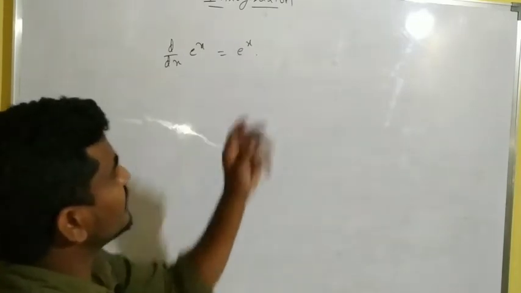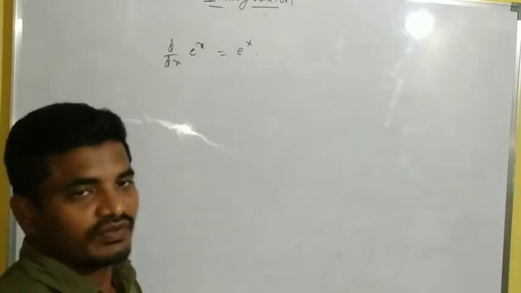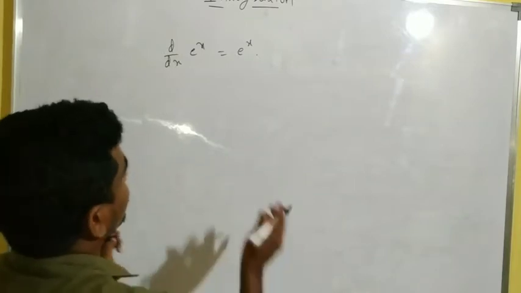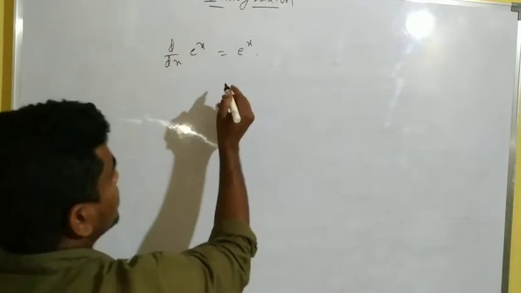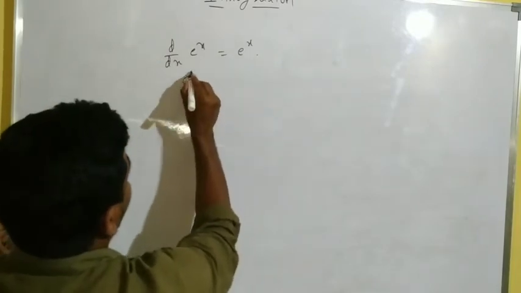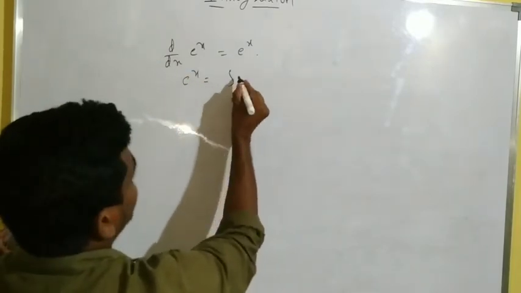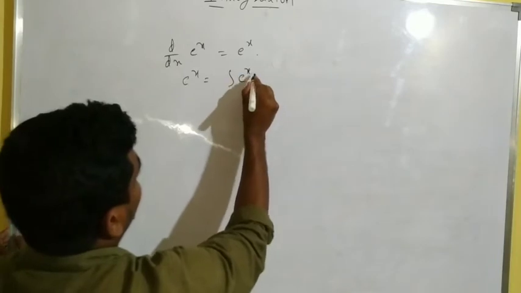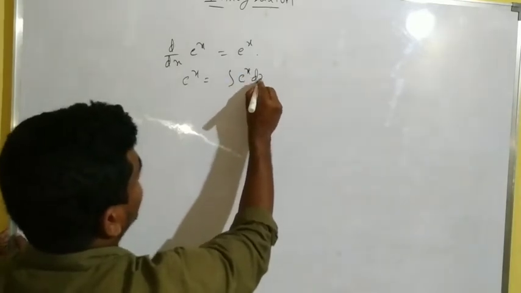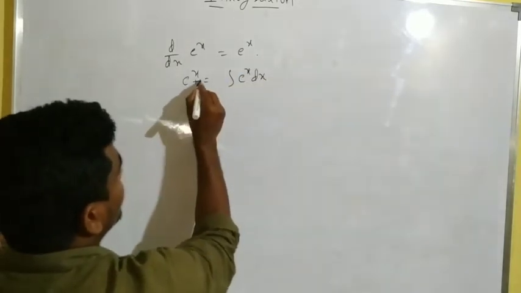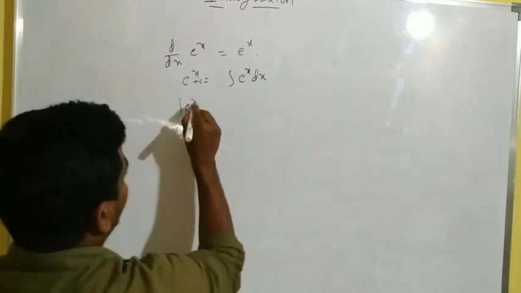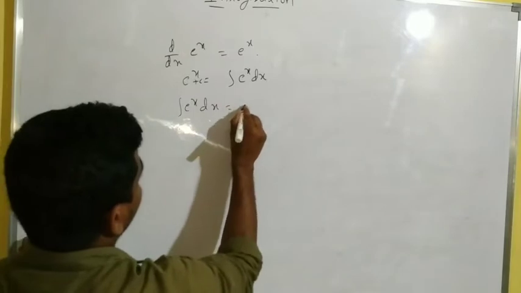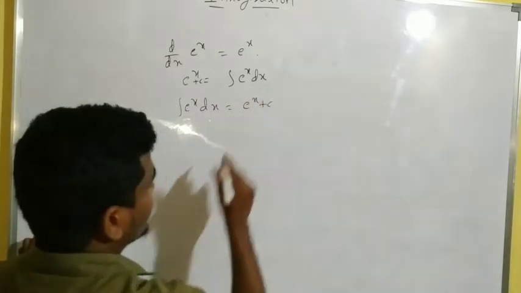What is the integration of e power x? To write that, we send d by dx to the right side, so e power x is the same as the integration of e power x dx. So its answer, with plus c, is the integral of e power x dx equals e power x plus c.